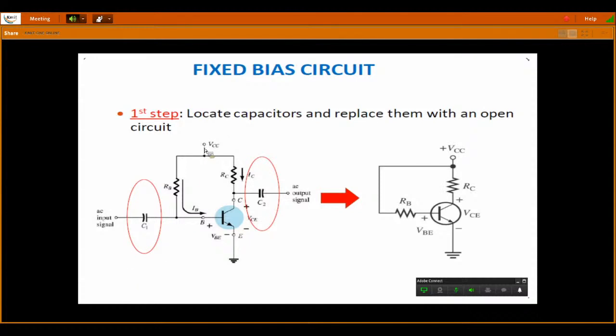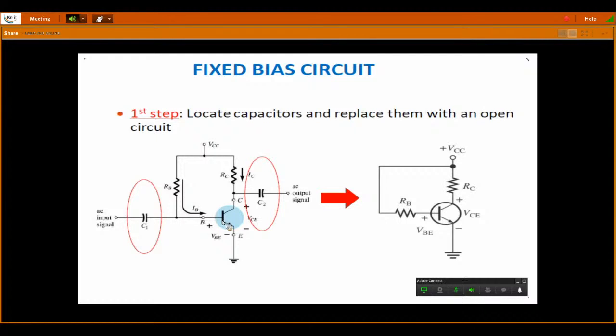Then VCC is applied through this RB. In an NPN transistor the base is P type, hence to forward bias the base to emitter junction, we apply the positive VCC through the resistor RB. Then the base current IB flows through the base terminal.